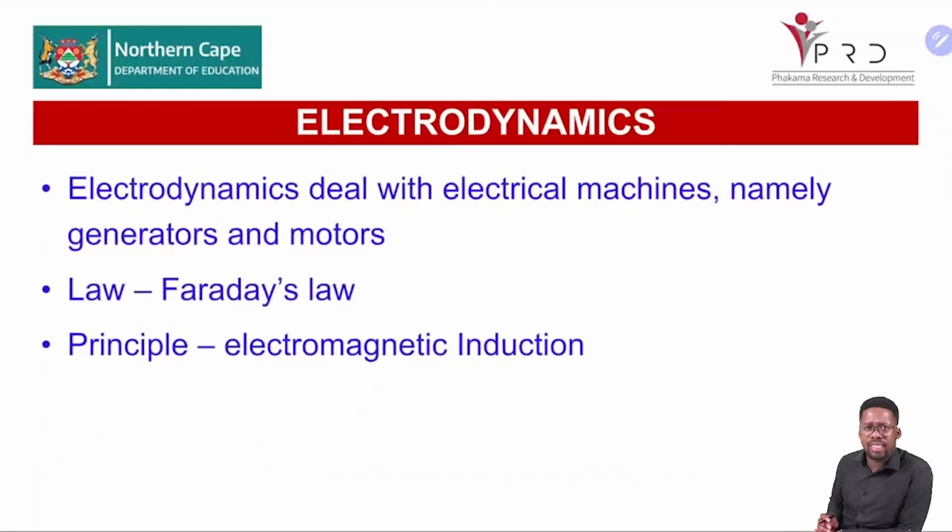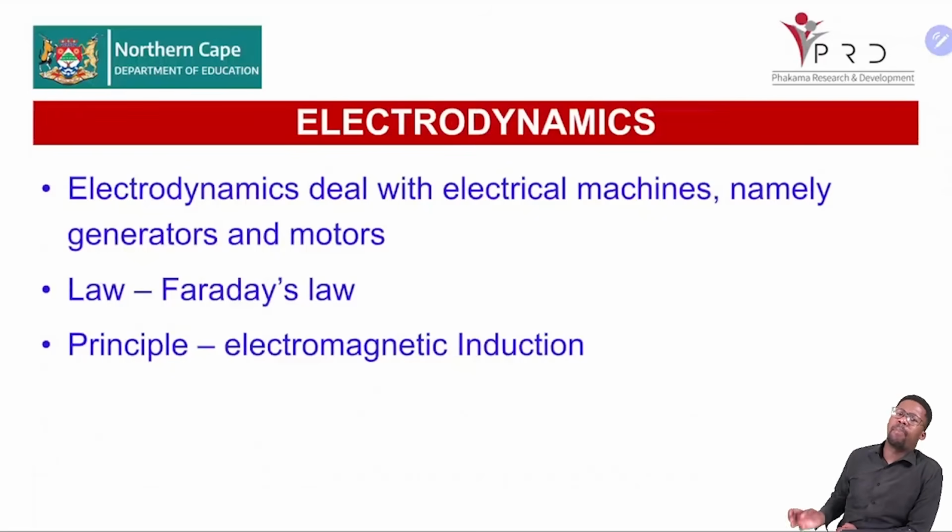Then they'll ask you in the exam, write down the law that is applicable. When they say write down the law that enables these electrical machines to function as rated, it is Faraday's law. So when they say write down the law, your answer should be Faraday's law. And for grade 12, you won't be required to state Faraday's law, but from time to time we'll refer to Faraday's law.